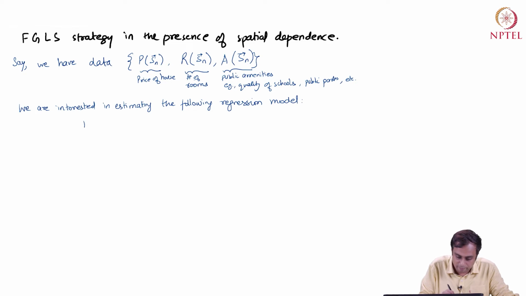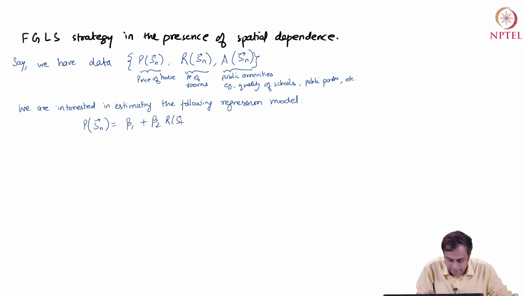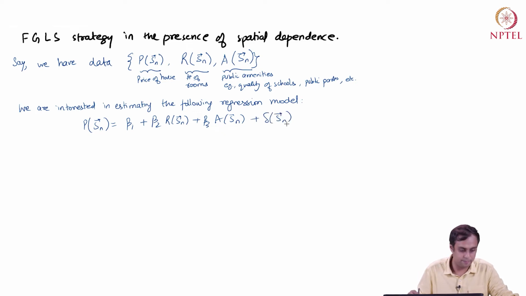We have P of s_n equals beta 1, the intercept, plus beta 2 R of s_n plus beta 3 A of s_n, and finally the model error delta of s_n, such that s_n is basically locations s_1, s_2, and keep going till s capital N. All of these are in the two-dimensional real space, right?